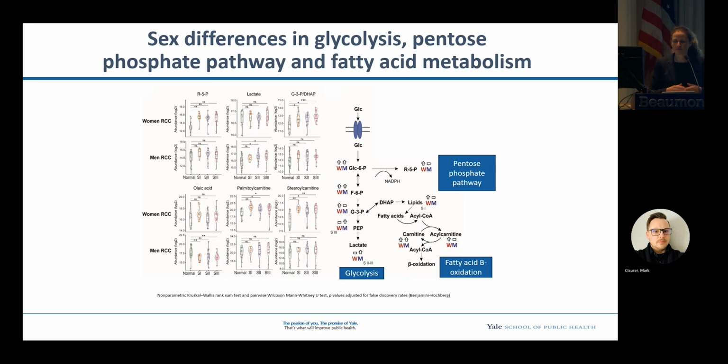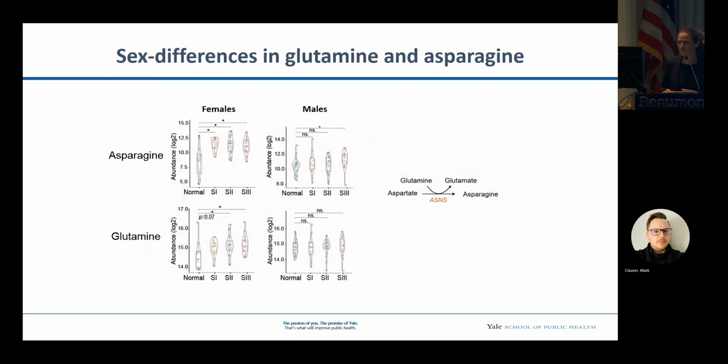In the tumors from female patients, glucose was predominantly oxidized by fatty acid beta oxidation and through the pentose phosphate pathway, which we know generates more moles of ATP than glycolysis. It also generates a lot of macromolecules for building cancer cells, such as nucleotides. So we had this hypothesis that potentially these tumors were generating more energy for metabolite generation and cancer cell growth.